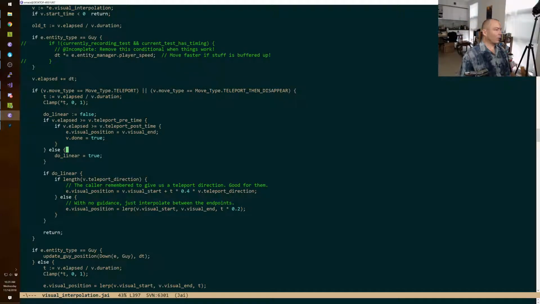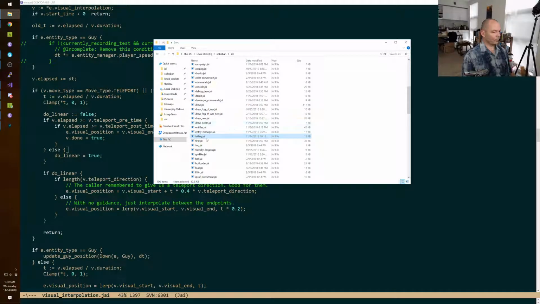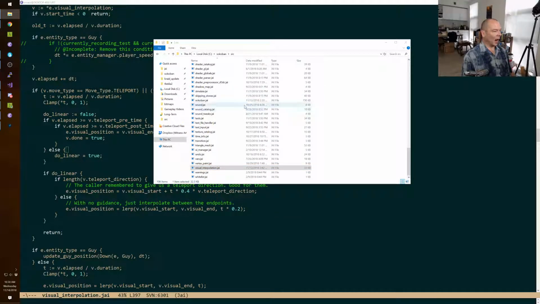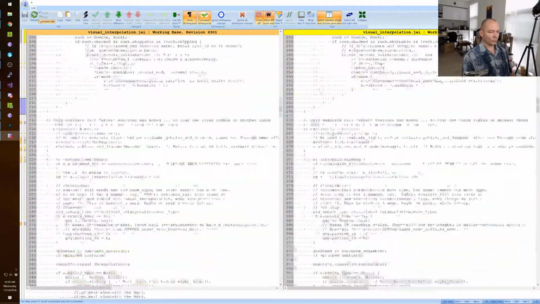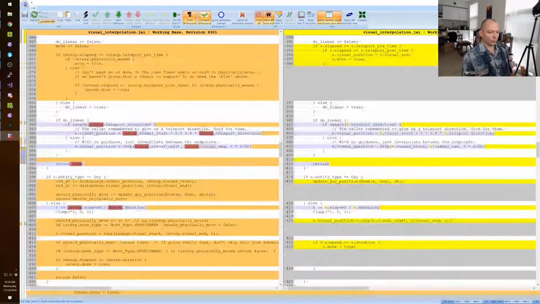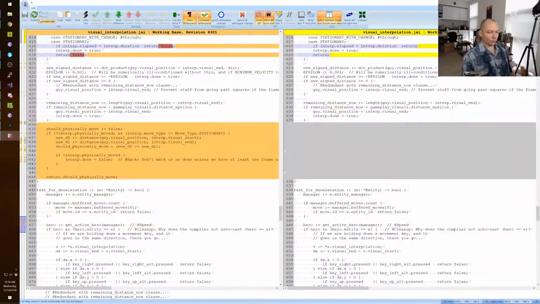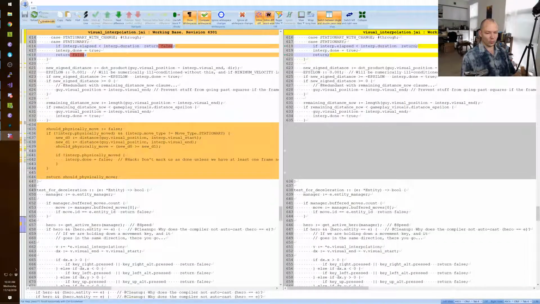Okay, let's look at what this used to say. Wait, this was update visual position.